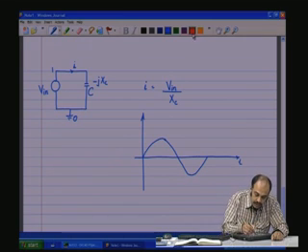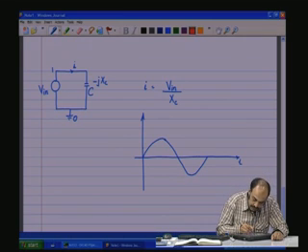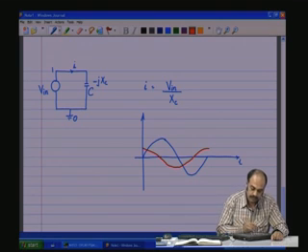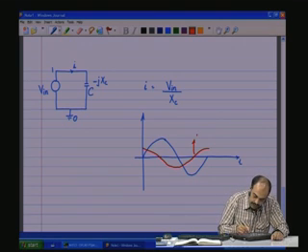When the voltage was at 0, the current was already at its peak, and then it became 0 when the voltage was at its peak. So, it goes like that. So, this is your I, this is your V in.